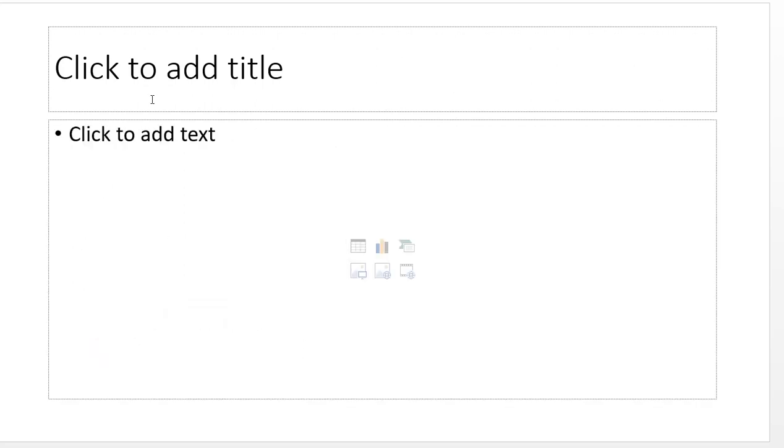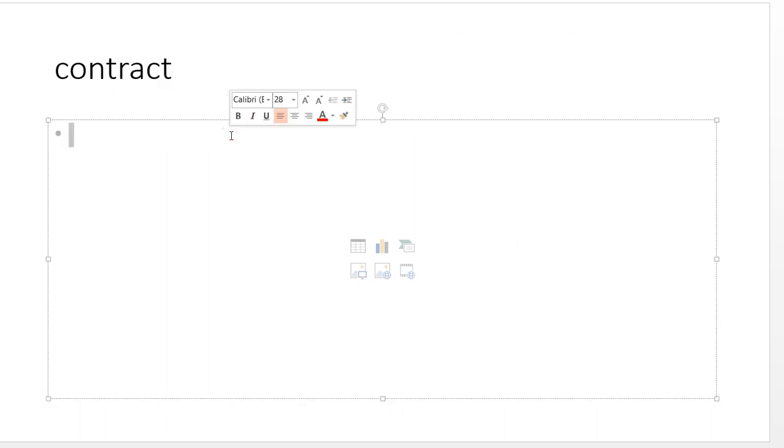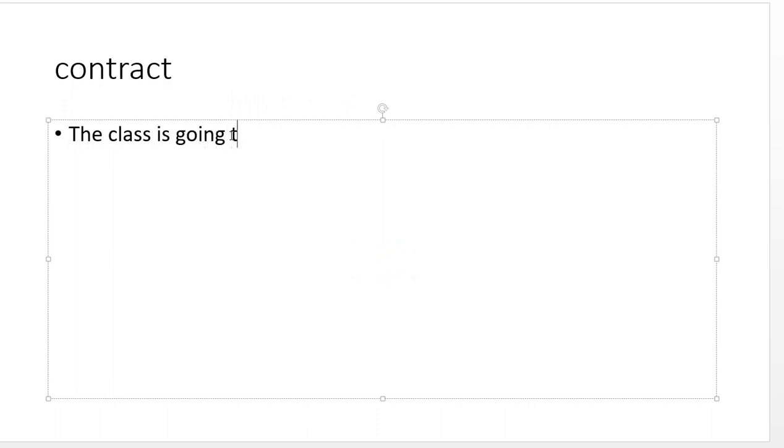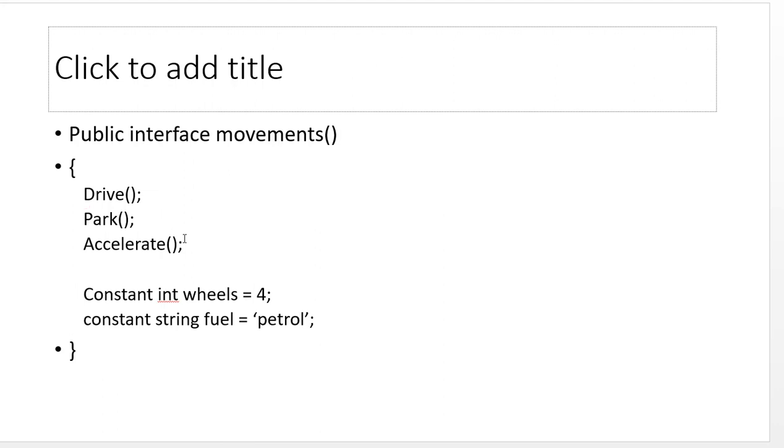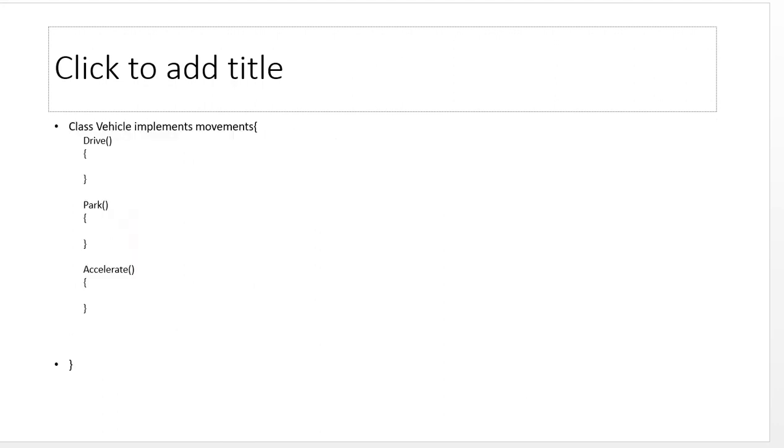So the contract would be the class is going to use all the methods and constants defined in the interface. That's the contract. So as I said before, everything that's in the interface should definitely appear somewhere within our class.